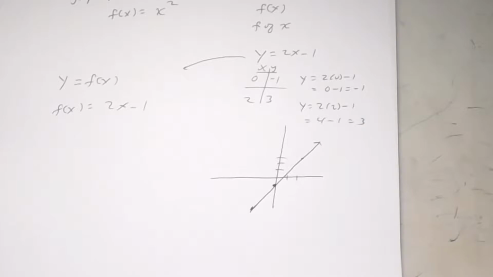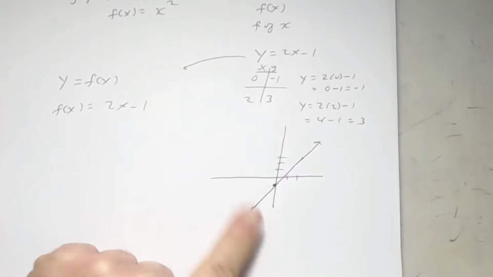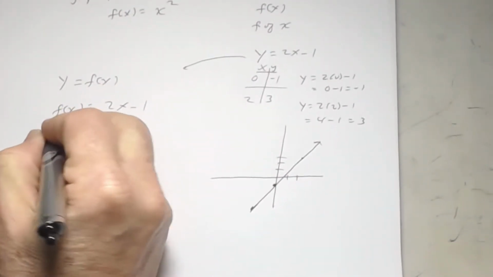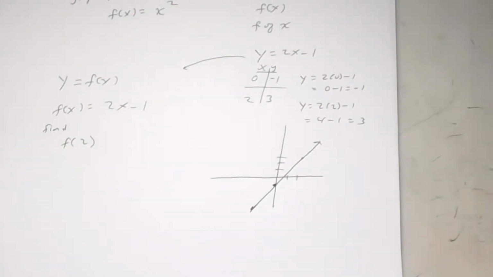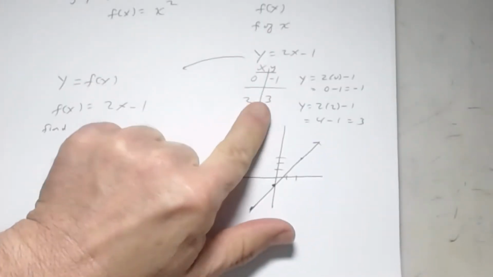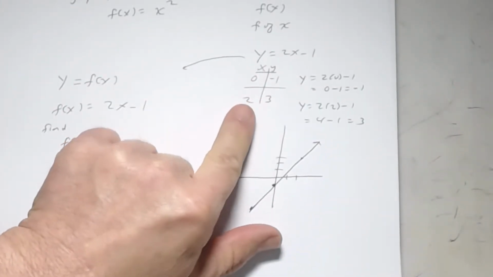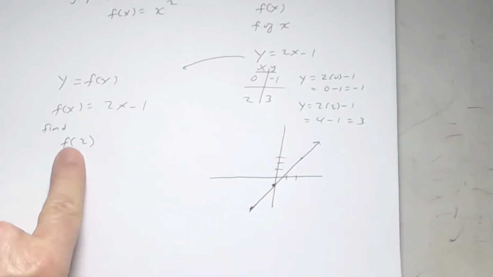So there are several things you can do with that function notation. You could say graph f of x, which is this. Or you could say find f of, let's say, 2. Find f of 2. Now f of 2 means, look at this table right here. In f of 2, that 2 represents what letter?